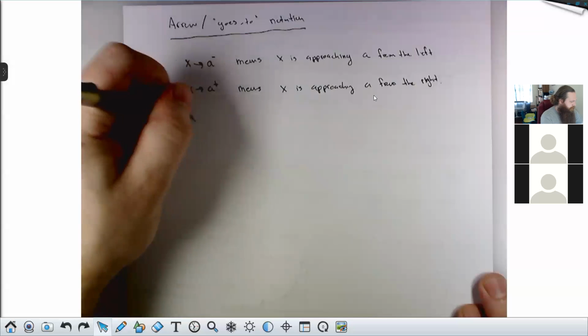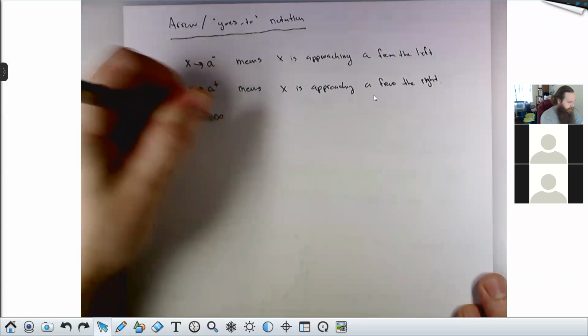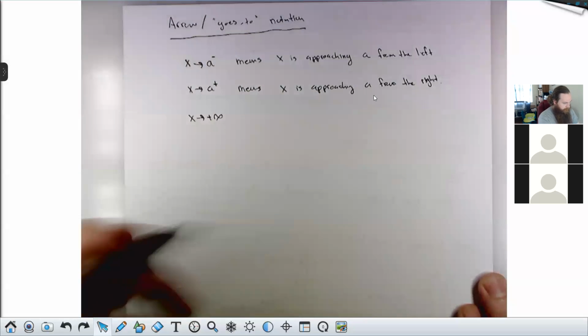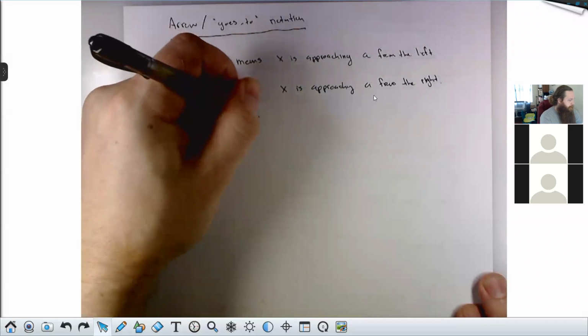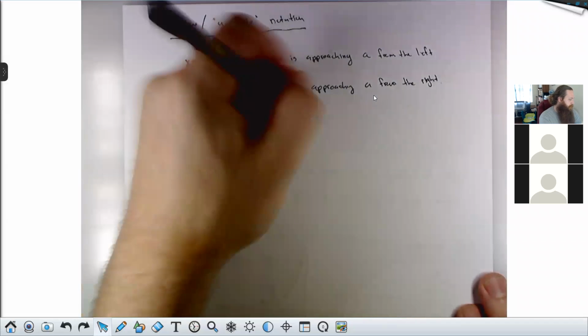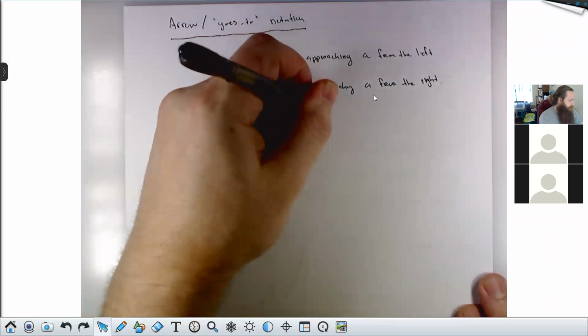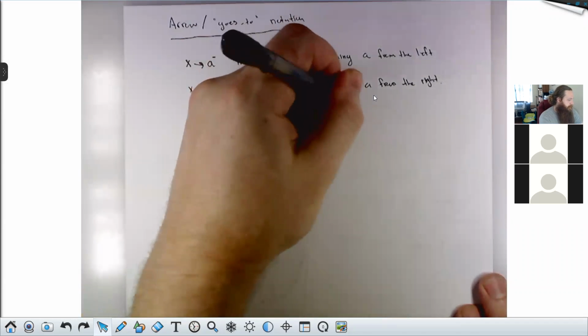Similarly, if I say x goes to plus infinity, this means x is getting bigger and bigger and bigger. I'd say x is running off to the right.